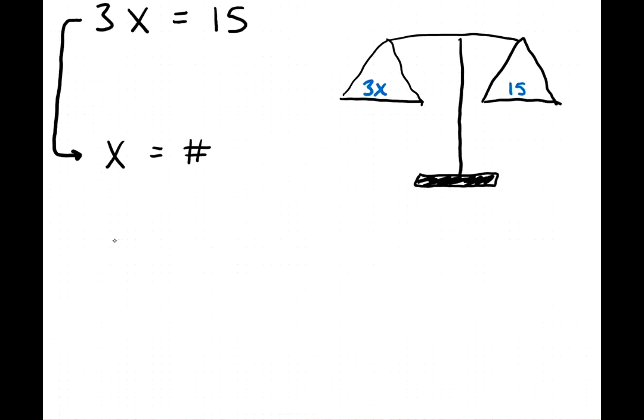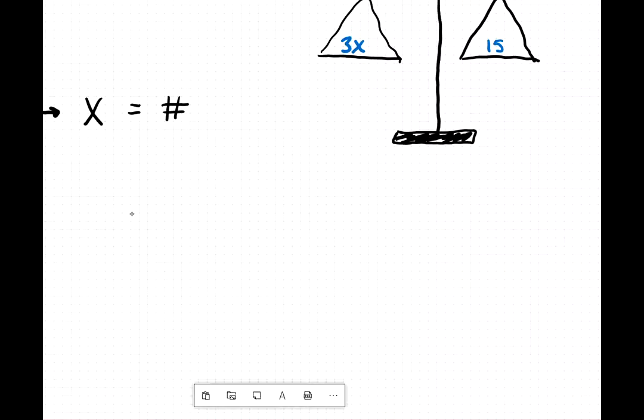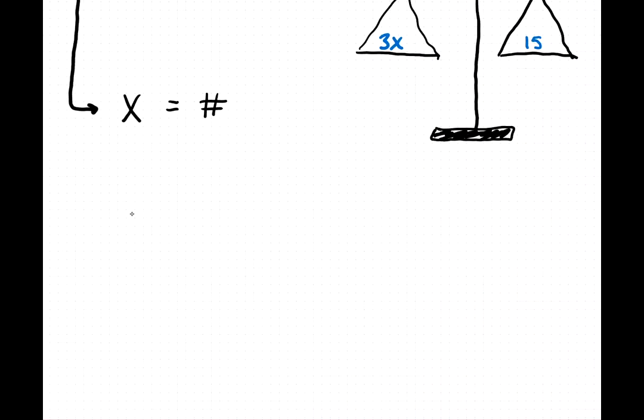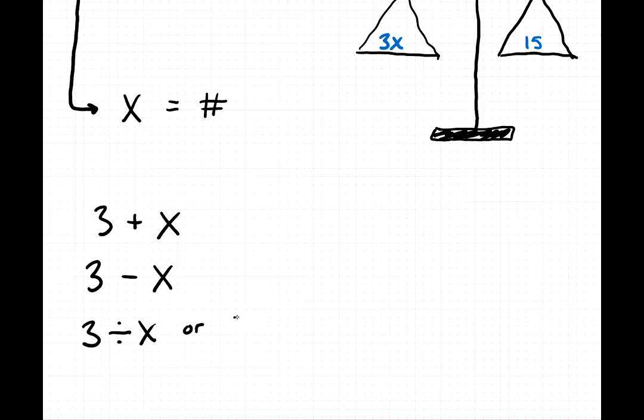Let me just scroll down. I'll scroll right back up. But for addition, we use a plus sign, 3 plus x. For subtraction, we use a minus sign, 3 minus x. For division, we could say 3 divided by x or 3 over x, either one.